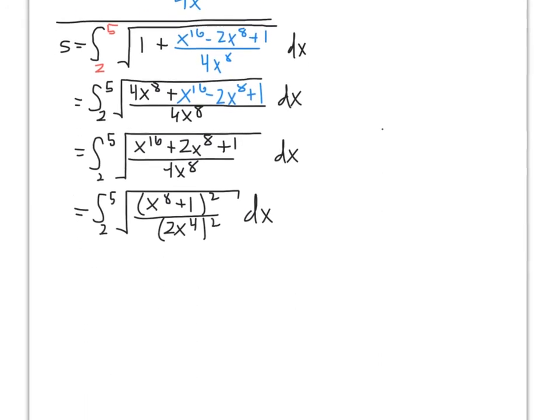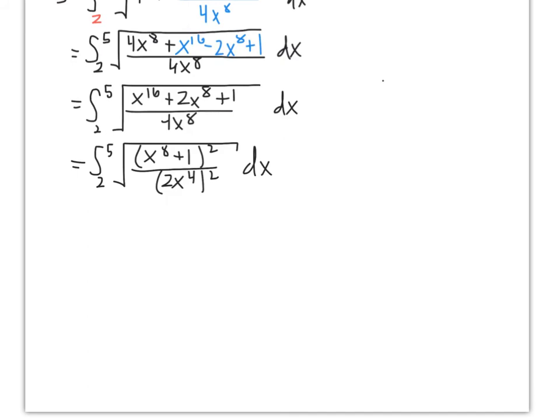Okay, so since those are both perfect squares, we can take the square root, and now we have the integral from 2 to 5 of x to the 8th plus 1 over 2x to the 4th dx. Okay, and now we can split it up into our two fractions, x to the 8th over 2x to the 4th plus 1 over 2x to the 4th.